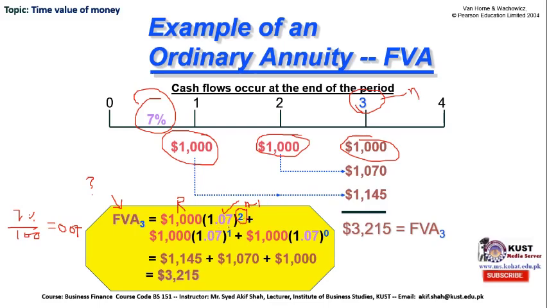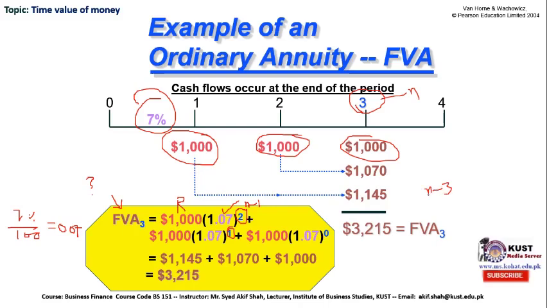Similarly, n minus 2 in the next value, the second year's deposit, which is $1,000. Again, 1 plus 0.07 raised to the power n minus 2, and n is 3. 3 minus 2 will give you 1. And finally, this last annuity contribution or investment into the bank, which is $1,000, multiplied by 1.07 raised to the power n minus 3.